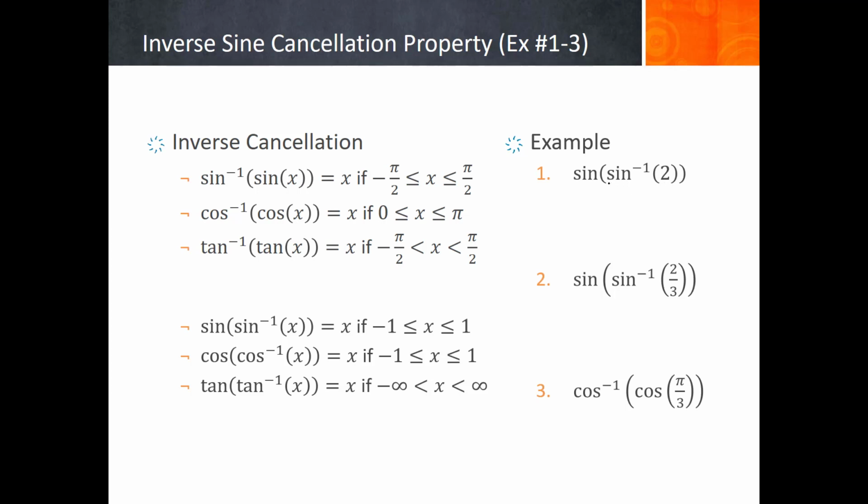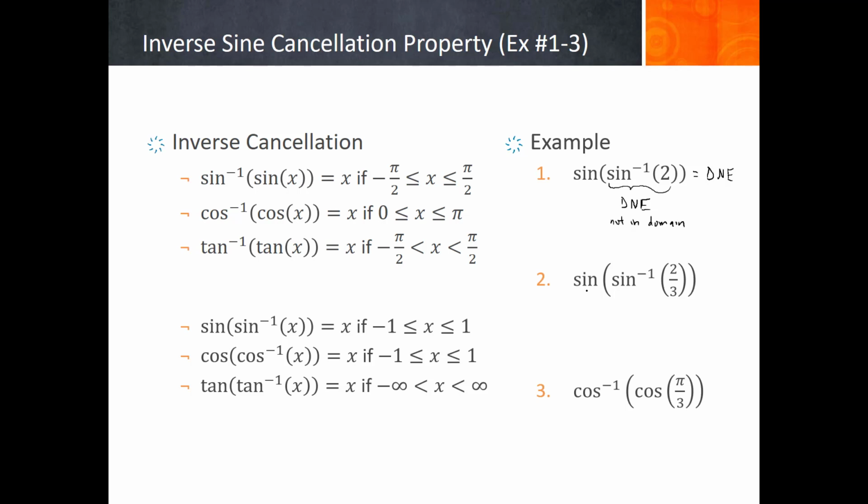But what do we know about the inverse sine of 2? We know this does not exist, right? Because 2 is not in the domain. All right, so automatically I know that this whole thing cannot exist either. So if part of it doesn't exist, the whole thing doesn't exist.